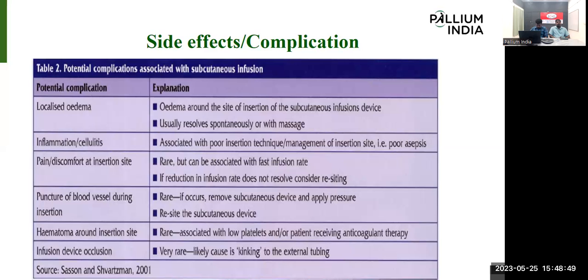Then infusion device occlusion. In the subcutaneous space and also the IV route, for giving continuous infusion we can use a syringe pump or infusion pump. Here in our setting, we also use a syringe driver. A syringe driver is like the infusion pump or syringe pump.